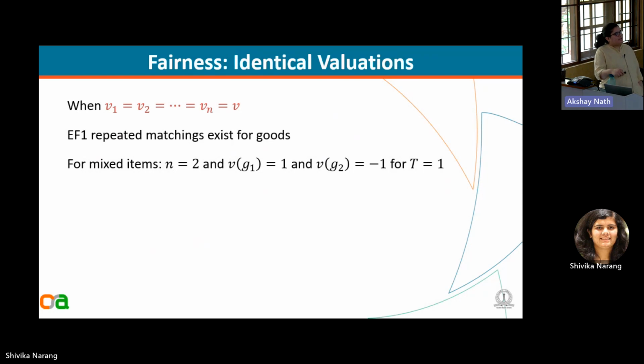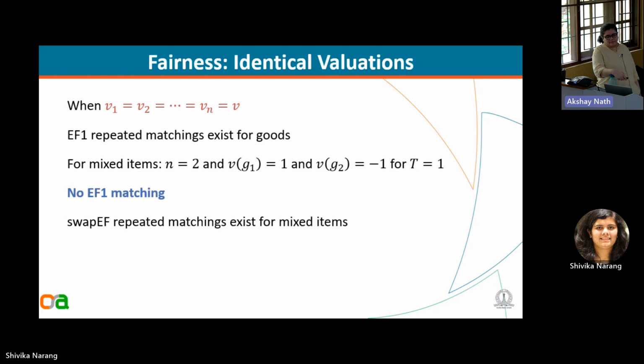And there's even just one round, it's impossible to get something that's EF1. Whosoever gets the chore will always envy the other person. If you remove the good from the other person's bundle, their value is 0. So -1 is less than 0. And if you were to remove this chore, this person gets 0, which is less than 1. So it's impossible to get EF1 here.